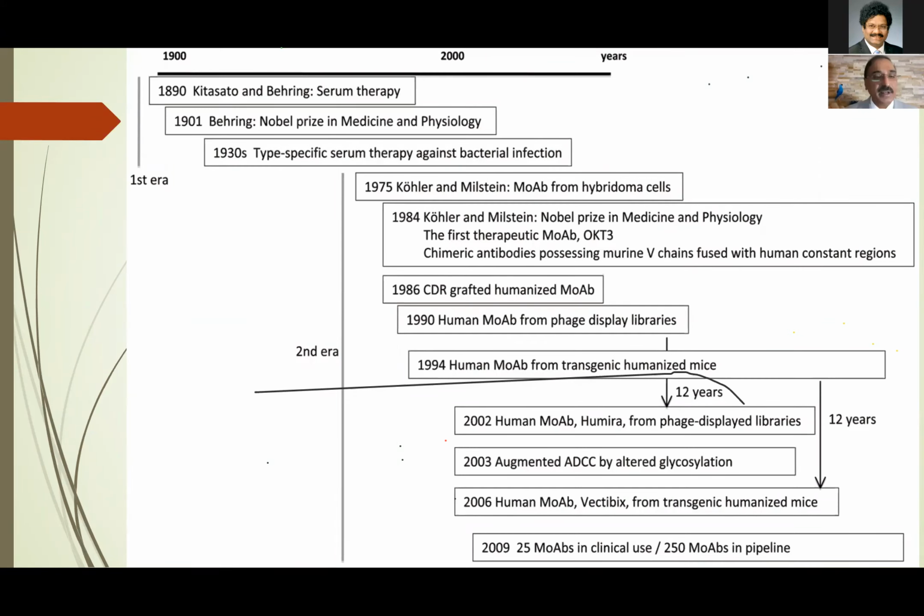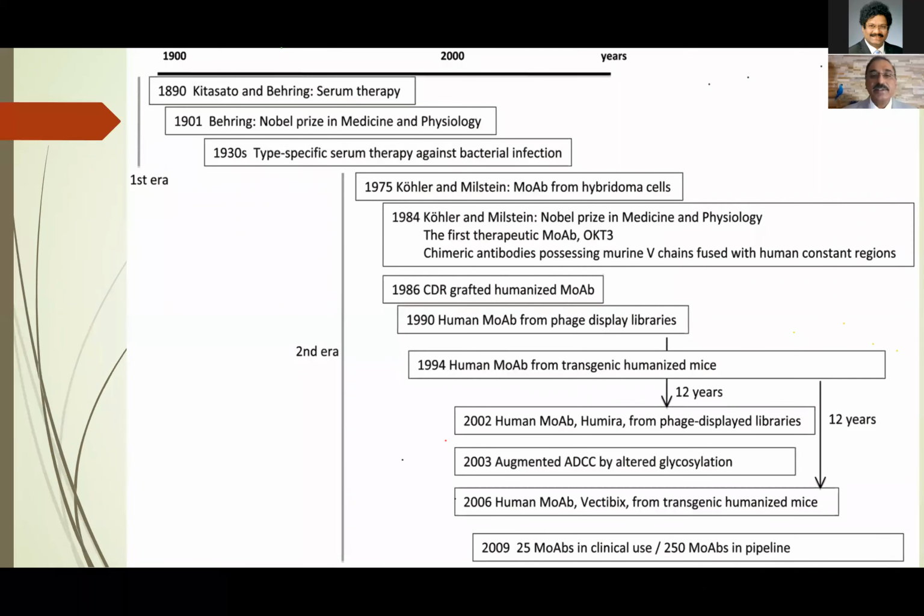It is an antibody against the T cell receptor CD3 on T cells. Initially it caused a lot of side effects, so we used it very carefully. This is the drug I was using as an internal medicine resident for renal transplant rejection patients.